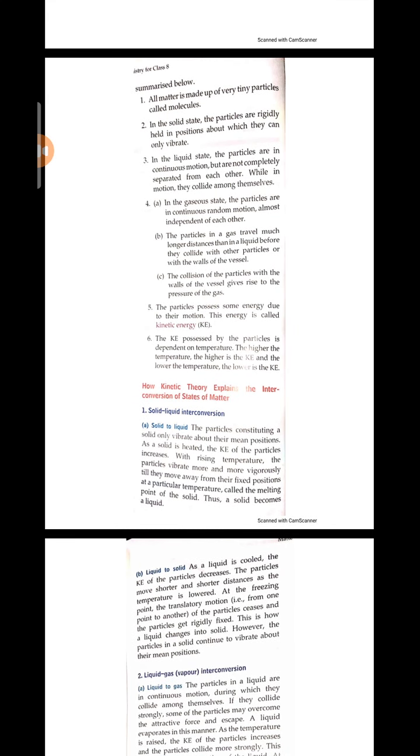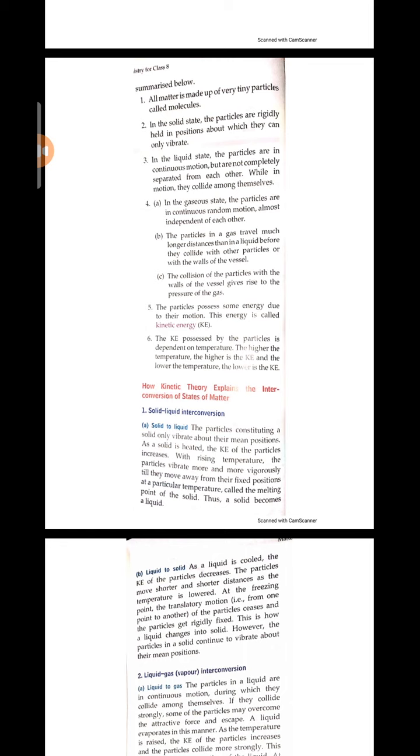The particles possess some energy due to their motion. The energy is called kinetic energy. What is kinetic energy? The particles possess some amount of energy due to their motion, and that is called kinetic energy, short form KE. The KE possessed by the particles is dependent on temperature.